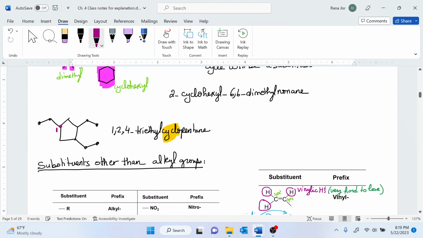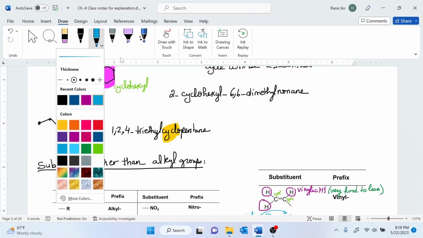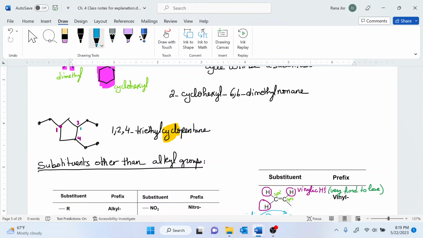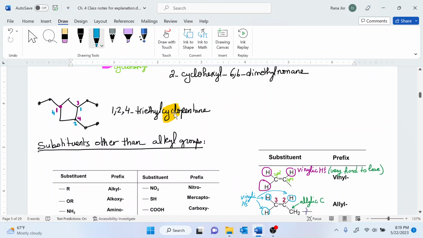If you start numbering from here, that is going to be a 1, 3, and a 4. And if you start numbering from here, this is going to be a 1, a 2, and a 4. A 1, 2, 4 is less than 1, 3, 4. So we're going to go with this way. It's going to be 1, 2, 4 triethylcyclopentane.